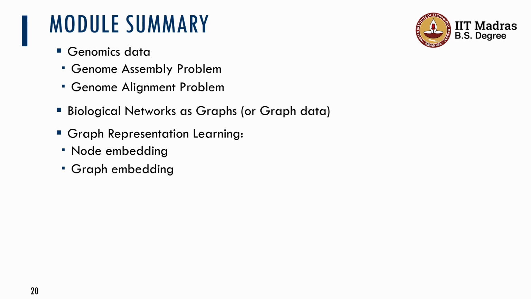Given a graph, what is the label associated with it? Given a graph, what kind of value does it actually induce? In that case, we are interested in graph level tasks. Hence, graph embedding becomes important. That's why we have looked at graph as well as node embedding as a graph representation learning task.